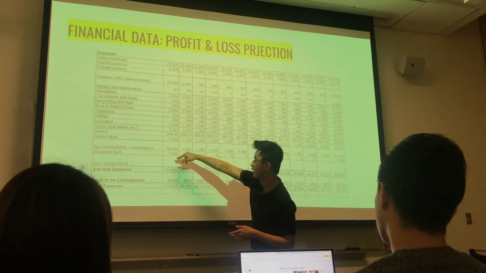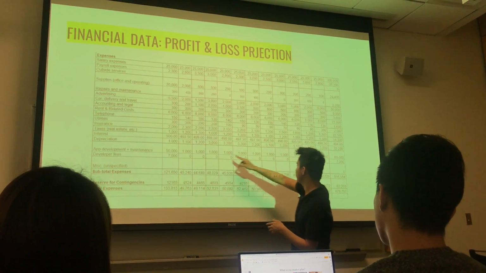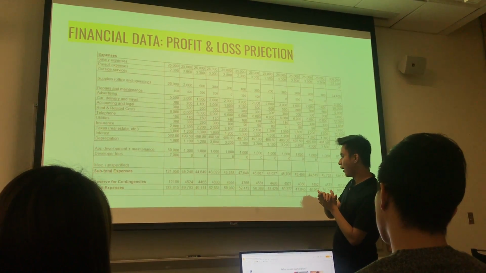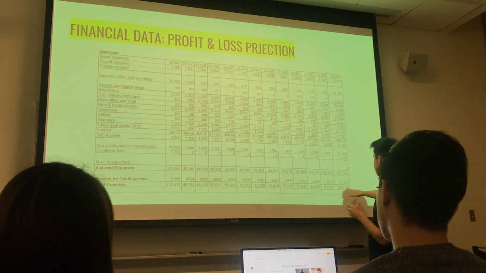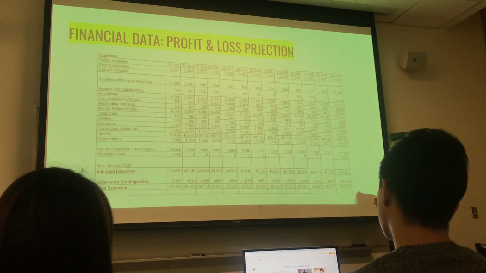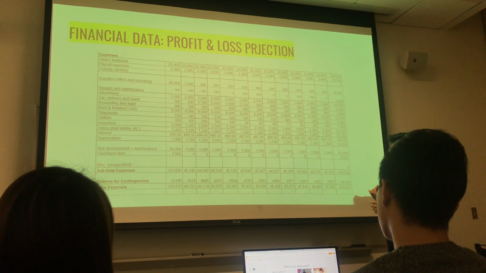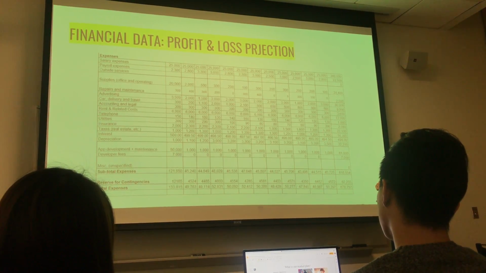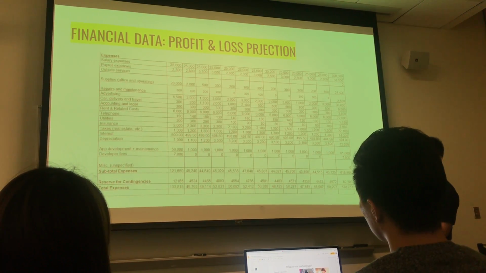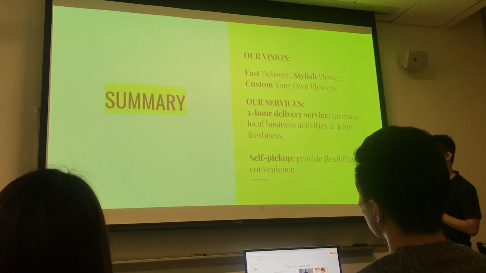At first, it's gonna be really hefty, 50,000. The 1,000 is basically maintenance for the app and website. And total expenses around $600,000. Go down. All right, so that summarizes our part.